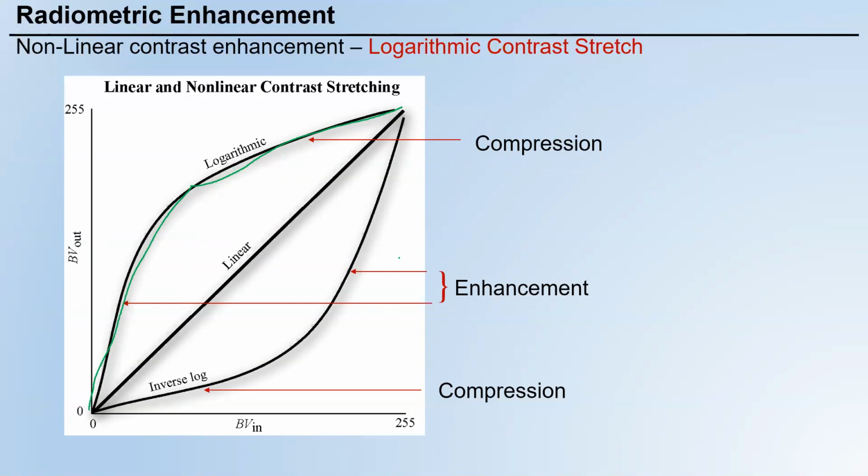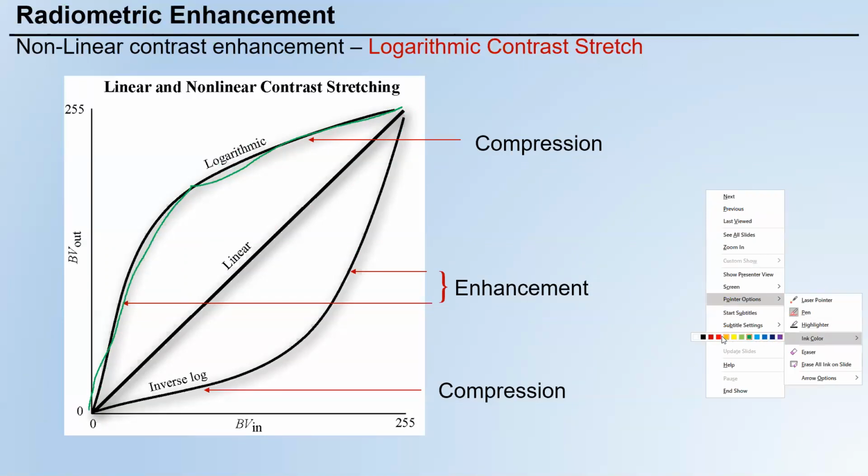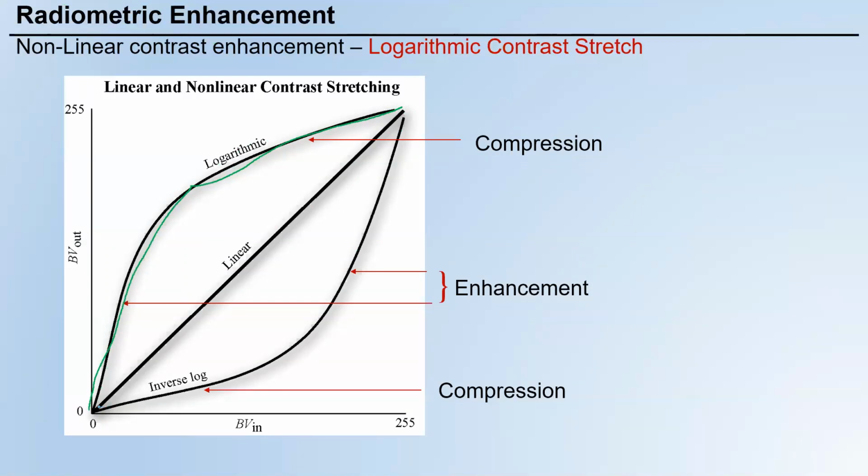That's the reason why we call it a nonlinear function, because geometrically, it's a curve instead of a straight line. Similarly, if you want to use two straight lines to approximate an inverse log function, this is the first segment, and this is the second segment. But again, just like the logarithmic function, the inverse log function is a curve. It's one function instead of two linear functions representing these two blue segments.